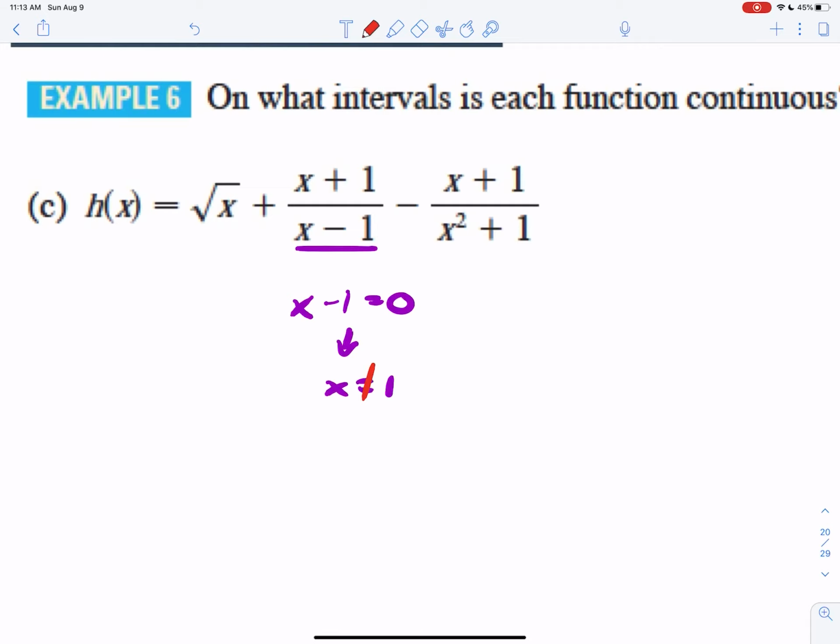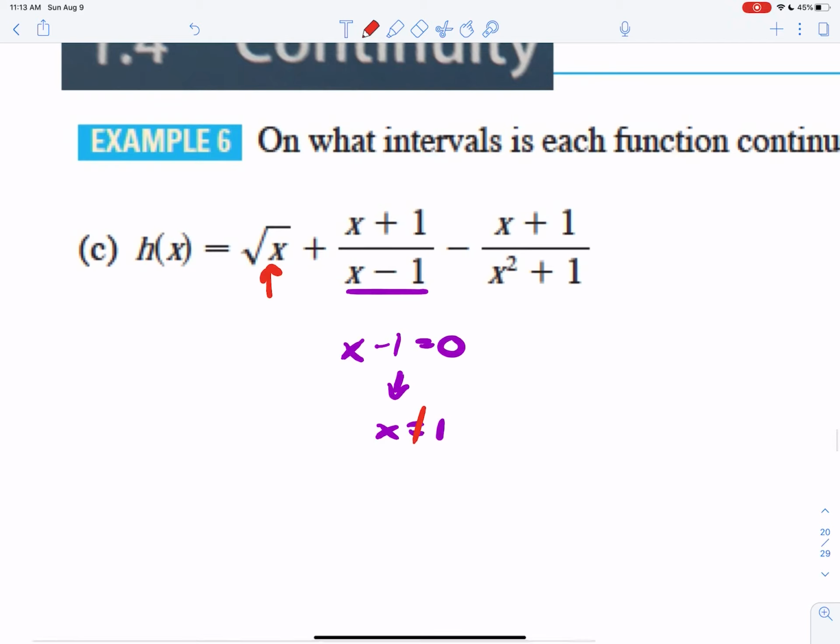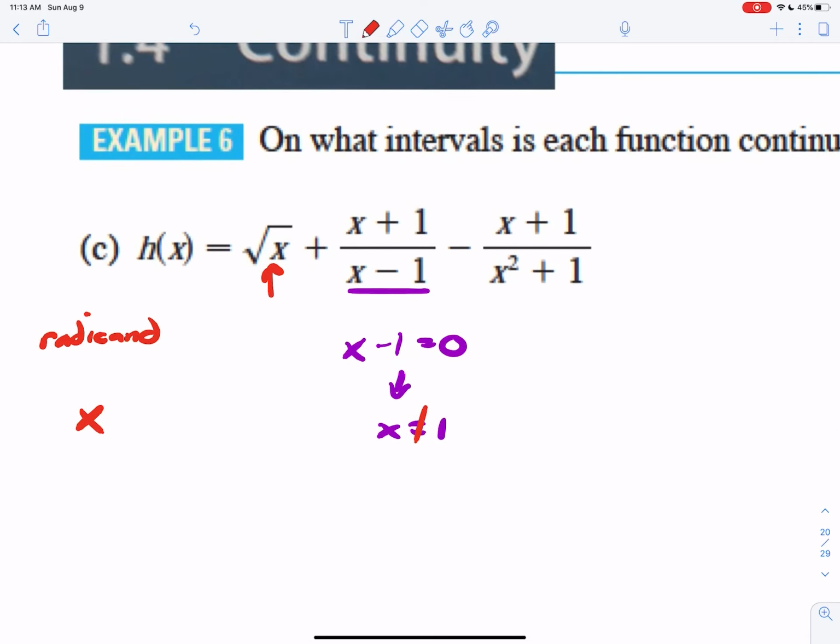okay? But then let's deal with this square root, okay? We know that the radicand, and let me give you some background. A radicand is everything inside the radical. So in this case, the radicand is just x. You're going to set your radicand greater than or equal to 0. Okay?